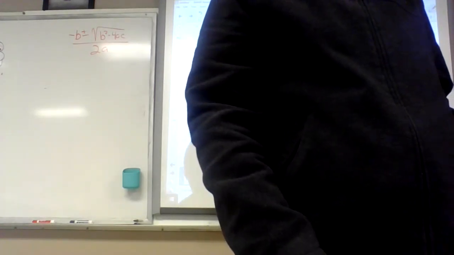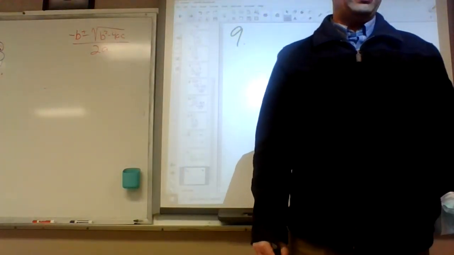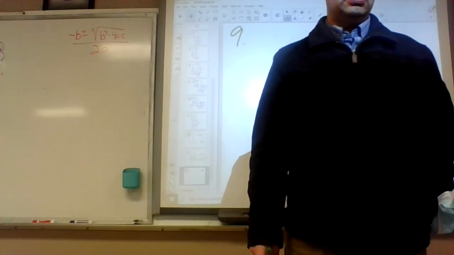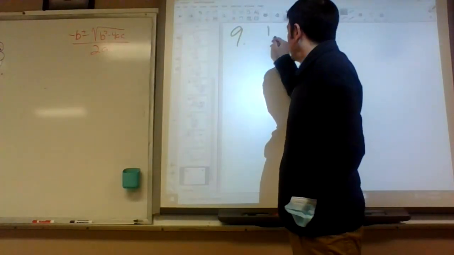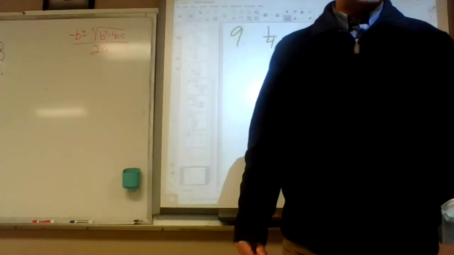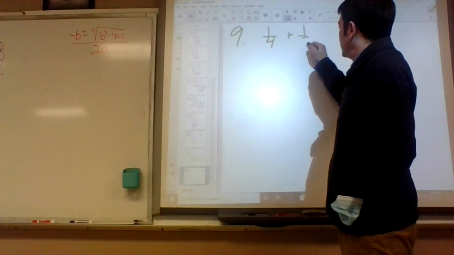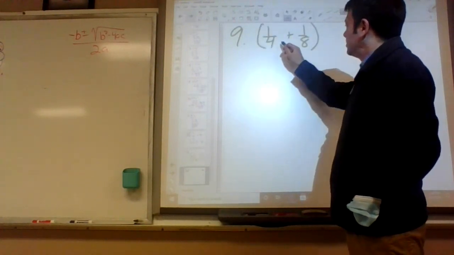Let's see. 9. Okay, looks pretty similar to what we just did. What is 2 to the negative 2? 1/4. What is 3 to the negative 2? 1/9. How do we add those two together? Common denominator.